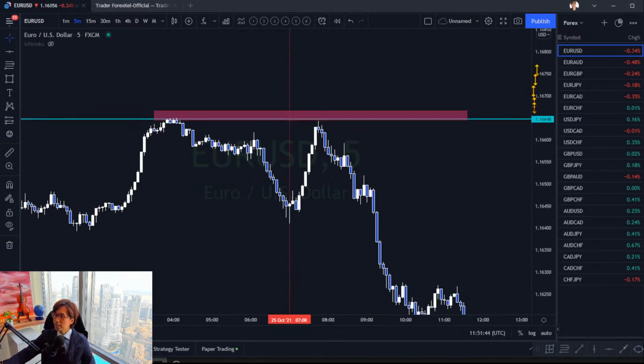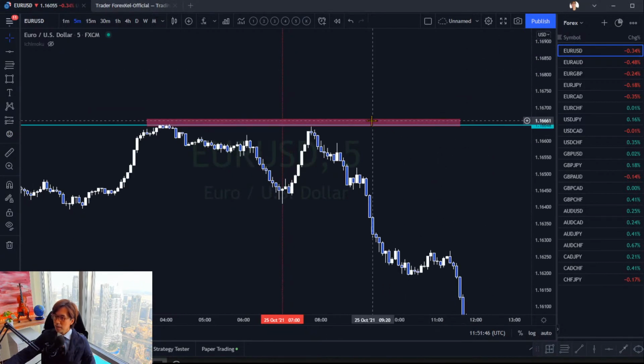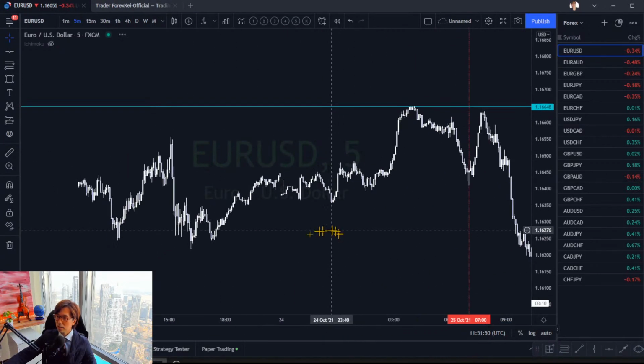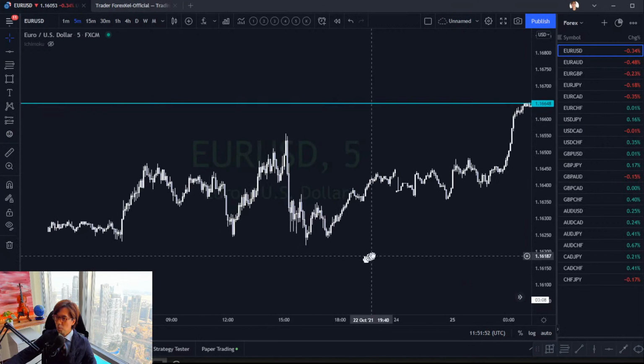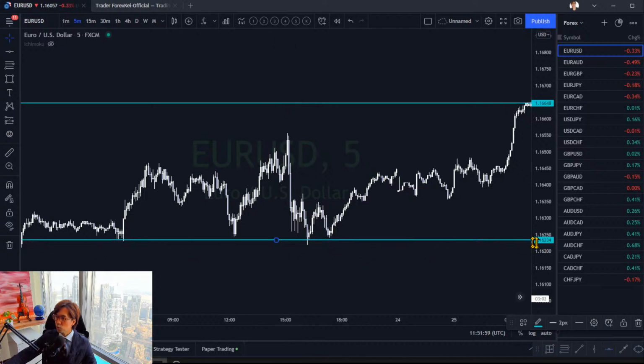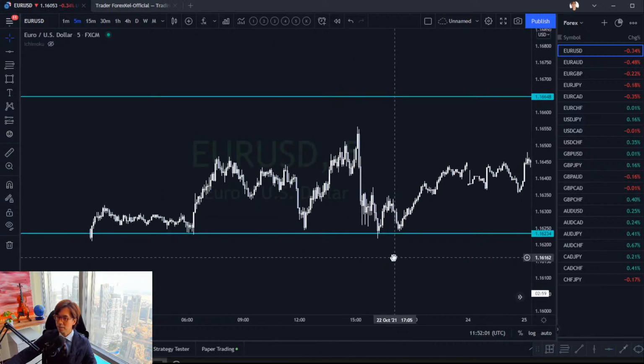Here, I see 3 or 4 supports, and I would say these are all support at the 1.1623 level.